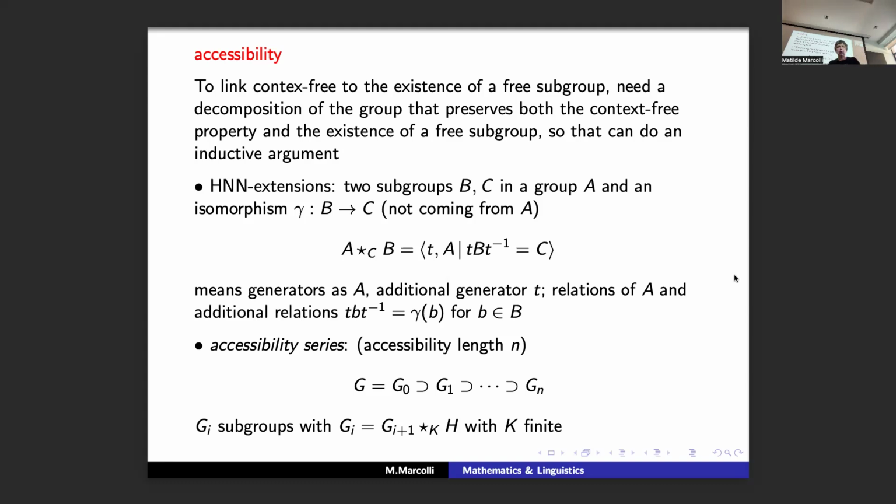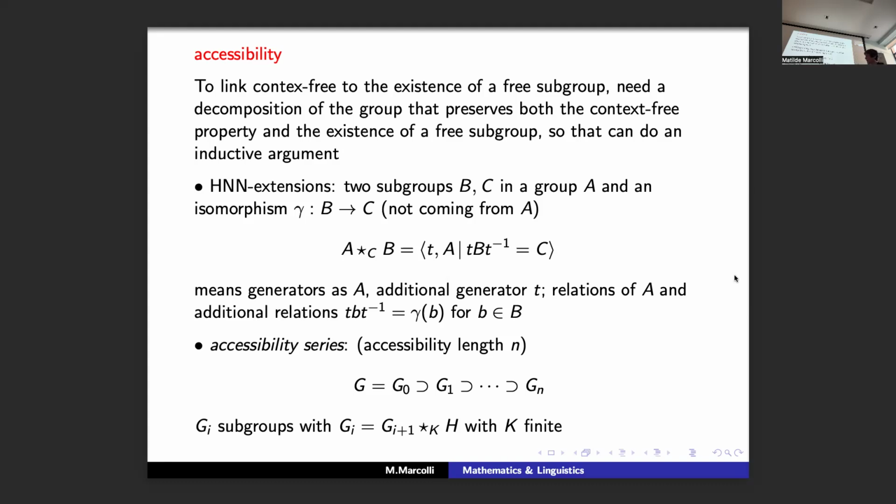So you have to find some decomposition of groups. There is a famous kind of decomposition of groups called the HNN extensions, where you have two subgroups inside the bigger group, and an isomorphism between them that's not coming from the larger group. So you have a larger group that can be decomposed in this way, where you add a generator that conjugates the other group.